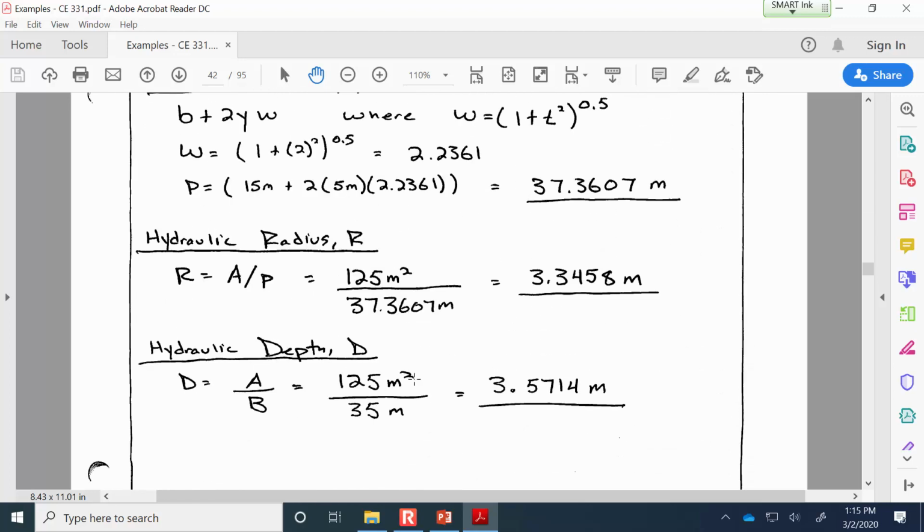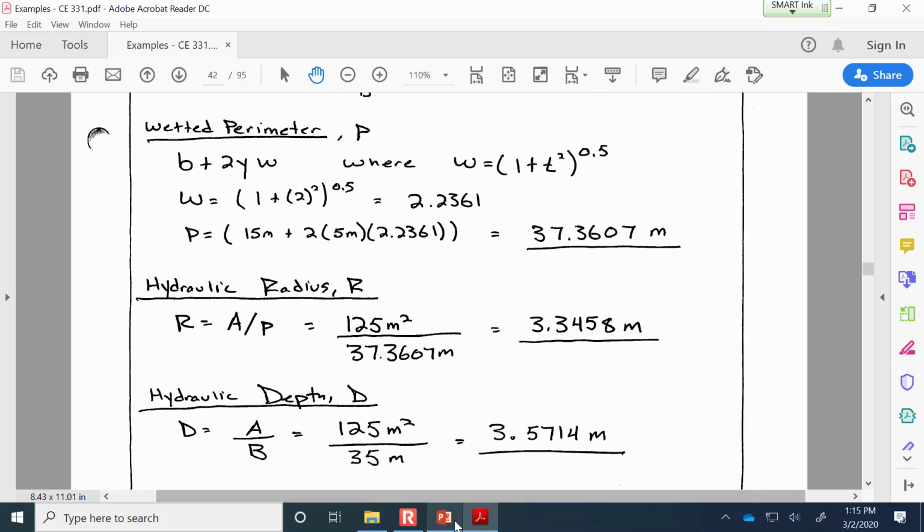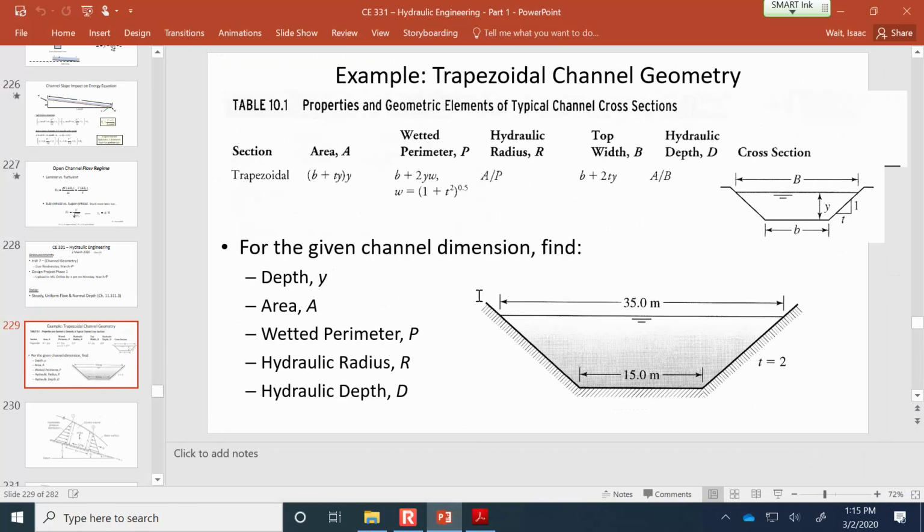So the hydraulic depth is telling you if you had an equivalent channel that was rectangular rather than trapezoidal, what would that depth need to be in order to achieve the similar flow characteristics? Oh, okay. So it's a way of expressing this trapezoidal channel in terms of an equivalent rectangular channel.